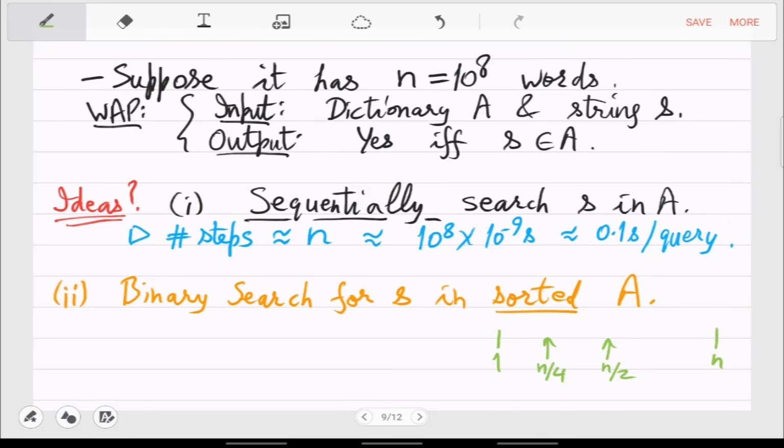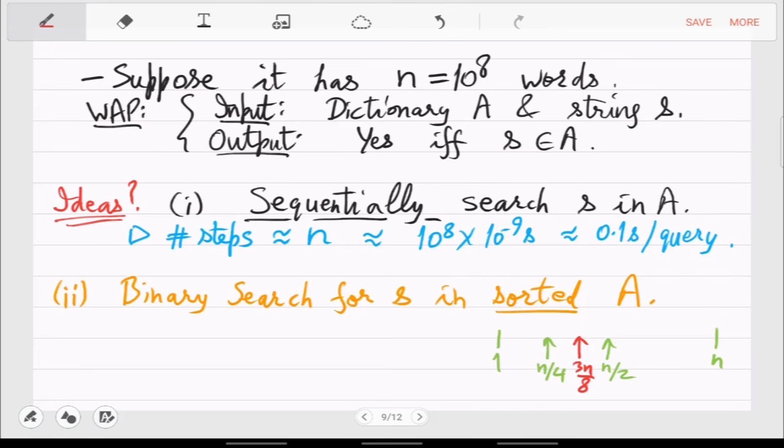So then you find out that maybe it is in this quadrant, which is what? N by 4 plus, I don't know, 3n by 8. Right, and you can stop there if you find it.